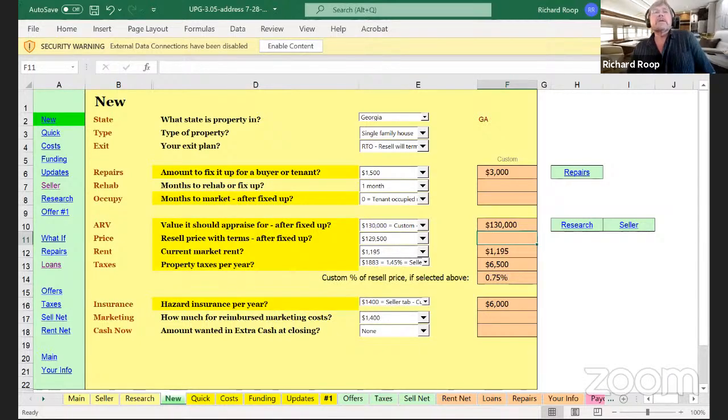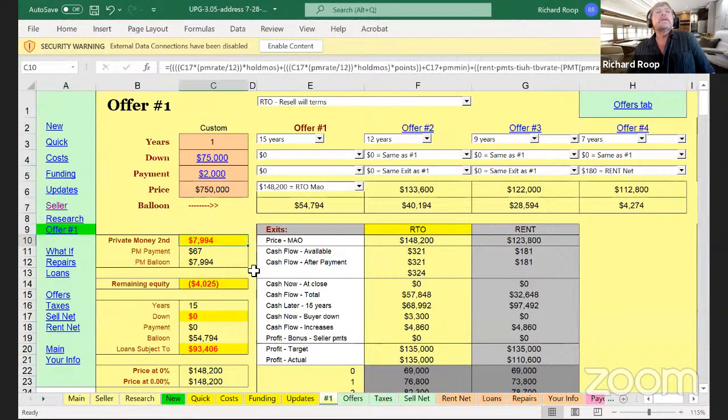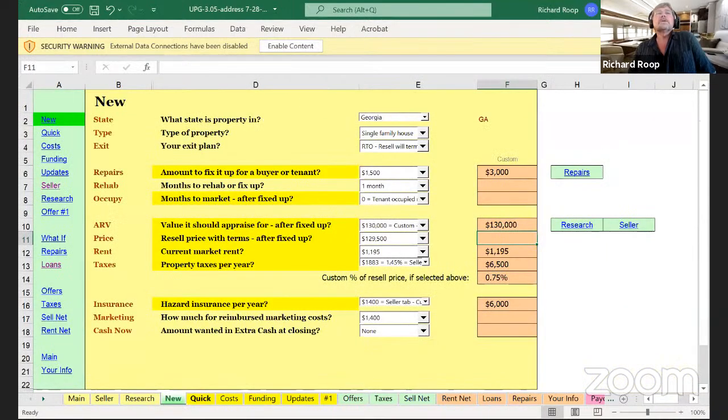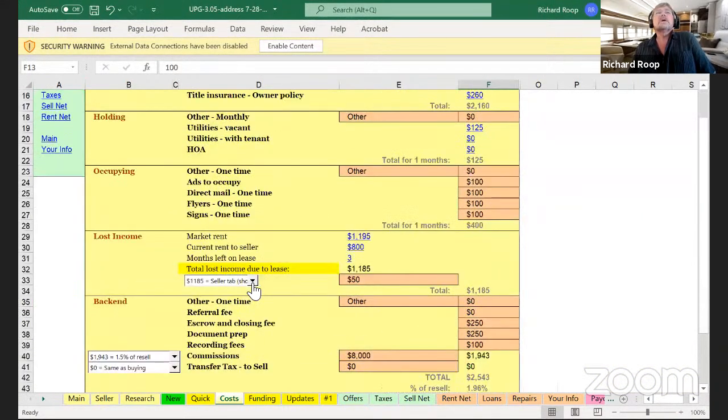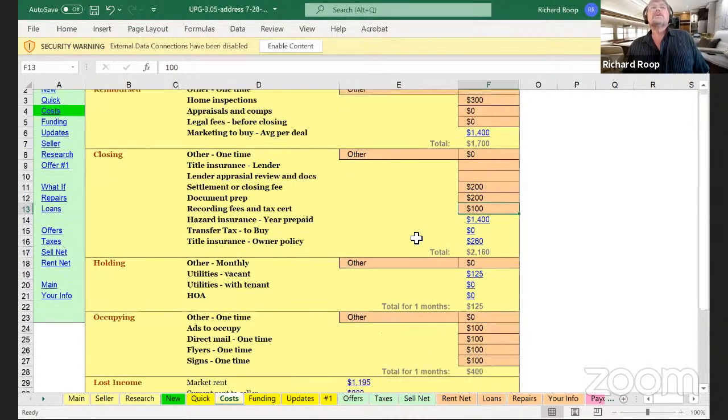Now let's take a look at how much money we need to borrow. It's only $8,000, and we don't have enough equity to borrow that on a small second. That 8,000 is your closing costs, your marketing costs, your lost income, which I'm going to leave in there as an expense because it is an expense.